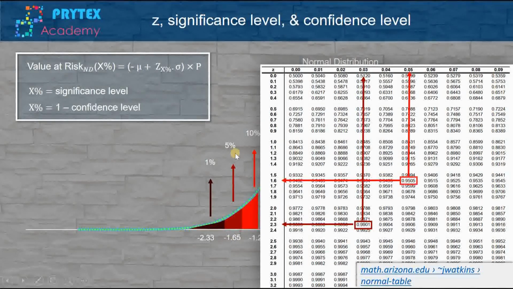So for 5% significance, the z value comes out to be minus 1.65. Similarly, for 99% confidence level or 1% significance level, we get 2.3 plus 0.03, which is 2.33, and hence 1% significance level has a z value of minus 2.33.